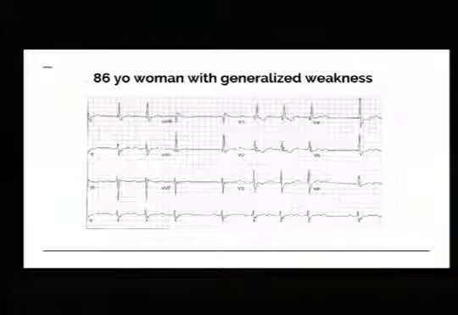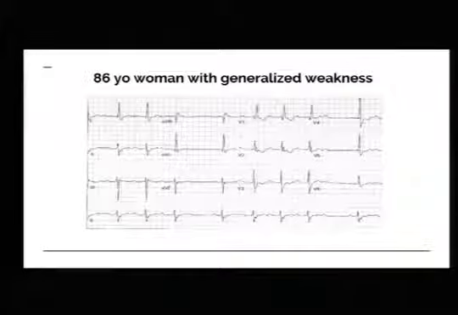86-year-old woman with generalized weakness. So is it fast or slow? Right, depends on what segment you look at. So is it regular or irregular? Now look at your intervals.